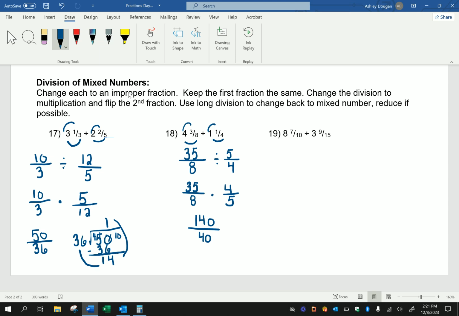140 over 40, that's an improper fraction. Since I started with mixed numbers, I want to convert my answer back into mixed number form. And remember, we do that by long division.